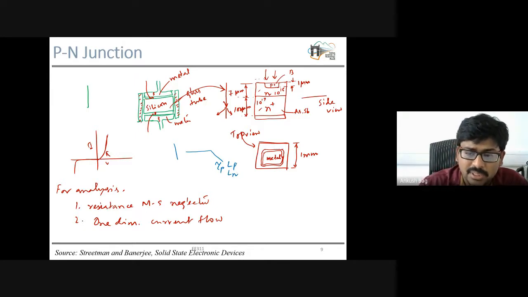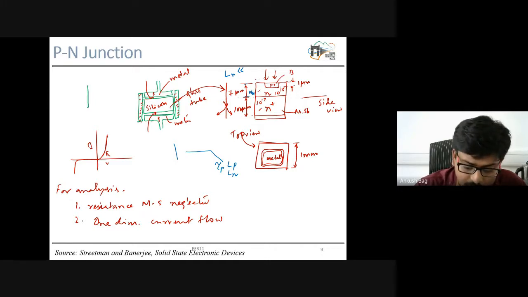For this analysis, we are assuming that the electron diffusion length is very small compared to Wn, the total Wn.